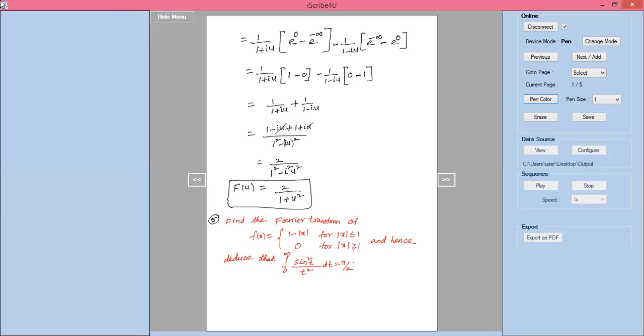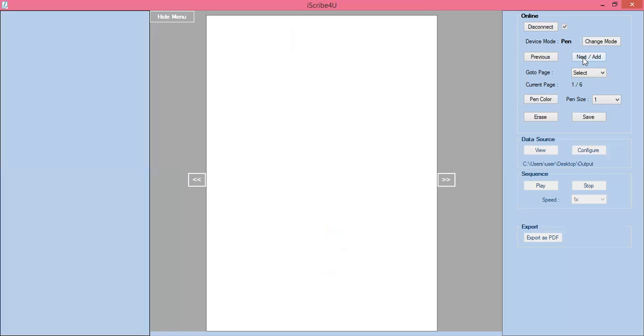We know that f of u equal to integration of minus infinity to plus infinity f of x into e power iux into dx. What is f of x?